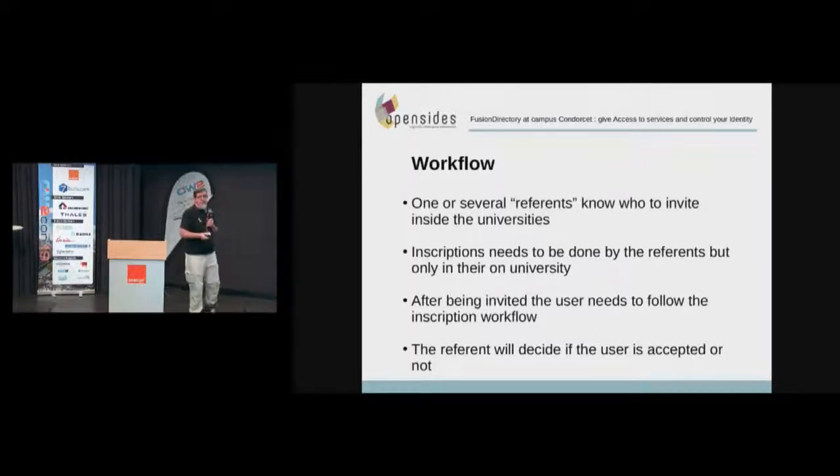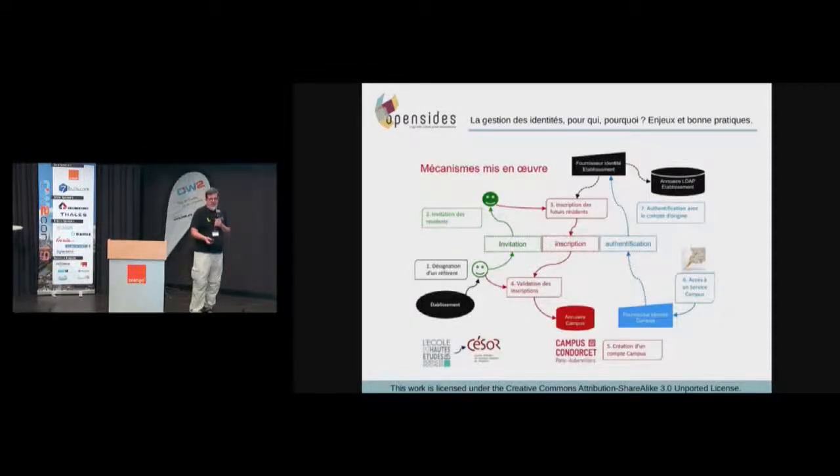And after they have been invited, the referent can see in the interface of the software called FusionDirectory, which does the identity management, whether those people are already accepted or not. And then people get a message: I'm accepted, I'm not accepted, and why. This is in French, because I don't have one in English for now, but it shows you the system.